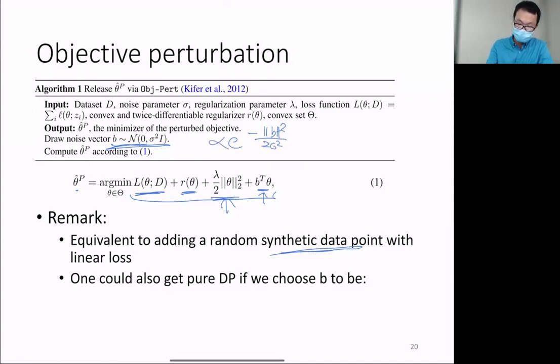Suppose you just drop the square and take p of b proportional to e to the power of minus b over some parameter gamma, without the square here. Then this distribution can actually give you pure differential privacy. But for today, let's deal with the simpler case that works with Gaussian noise.